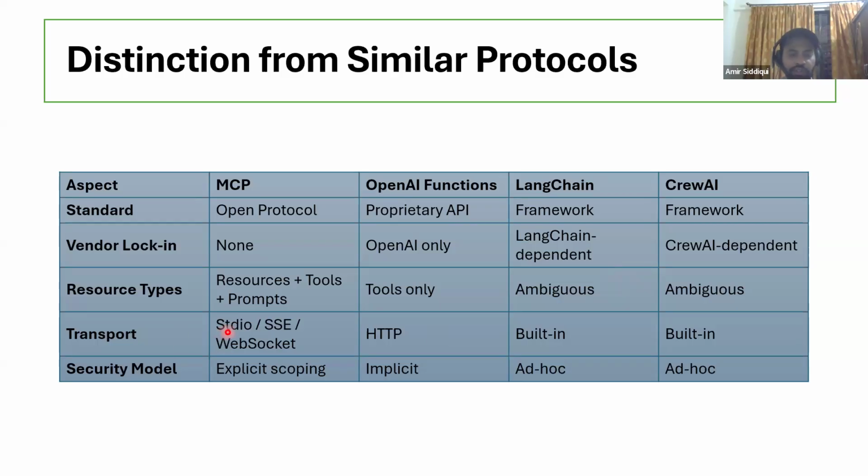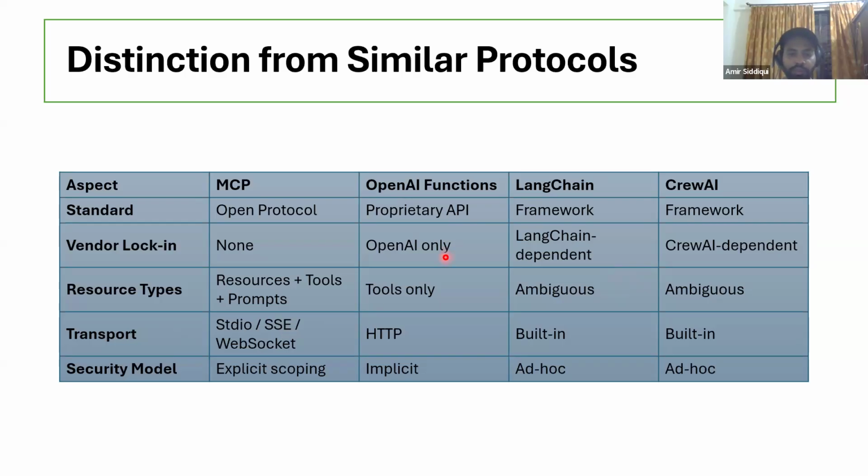Then transport is how MCP connects to your client. There are three different types. The first one is standard input output, and SSE and WebSocket are for live streaming.